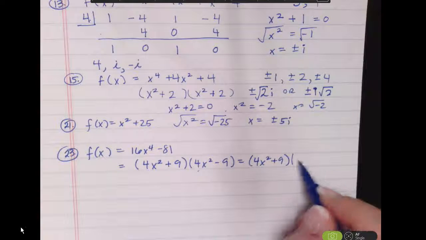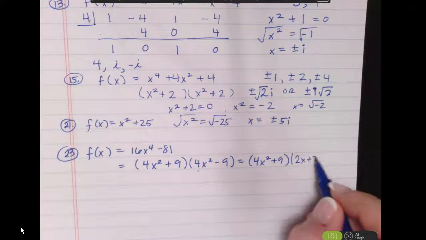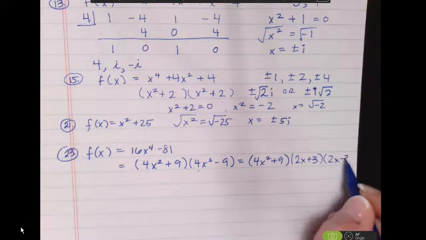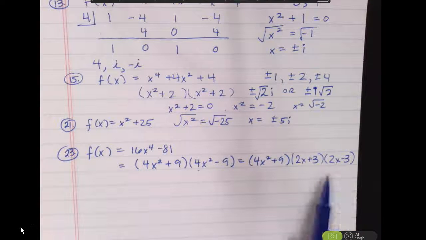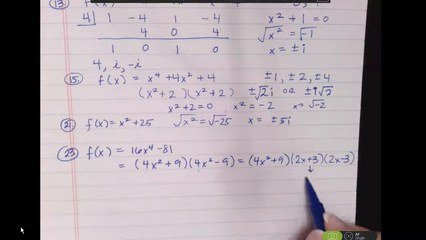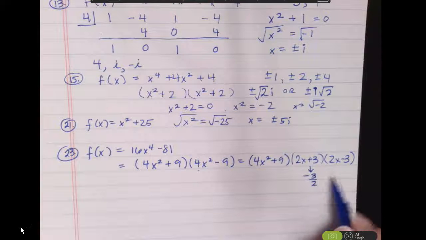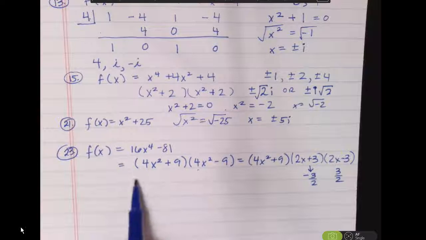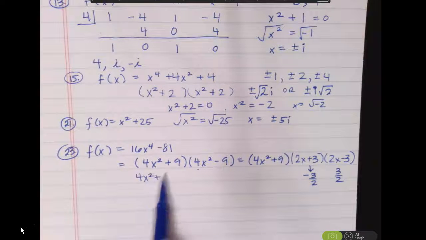Then 4x squared minus 9 would go to 2x plus 3, 2x minus 3. So I can see this root is negative 3/2, and this one is positive 3/2. 4x squared plus 9, I've got to see what values would make that be 0.